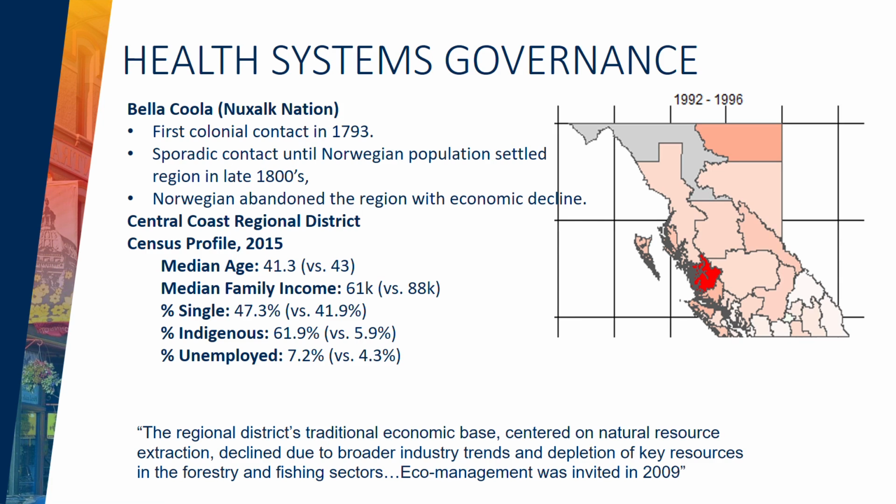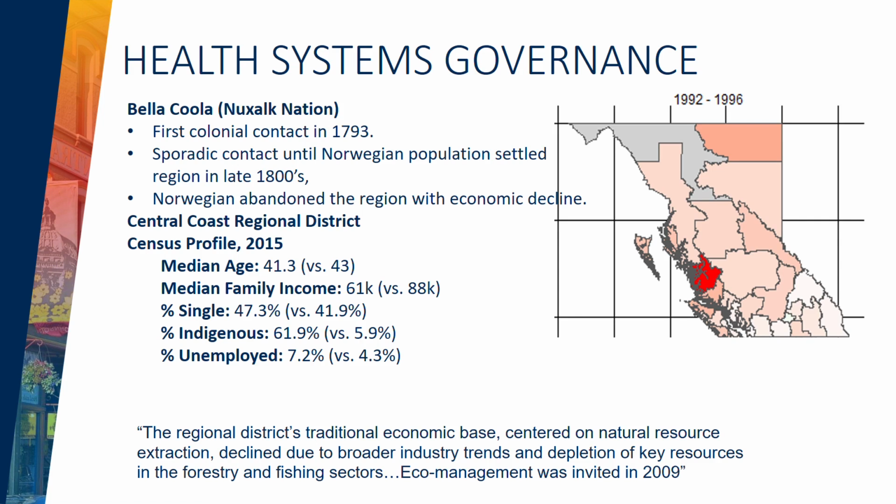Now, this also is not that surprising because it costs more to live somewhere like Vancouver or Victoria than it does to live somewhere like the Central Coastal region in Bella Coola, for example. And so largely, this difference in economics may simply reflect a difference in the cost of living. And so it's important to look at this and consider how that might be at play as well.